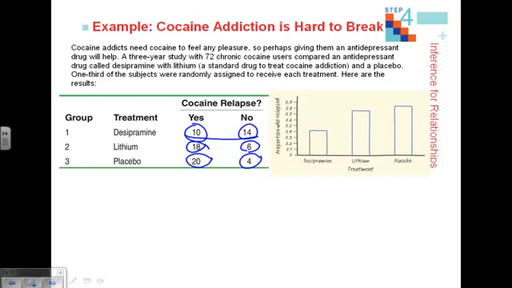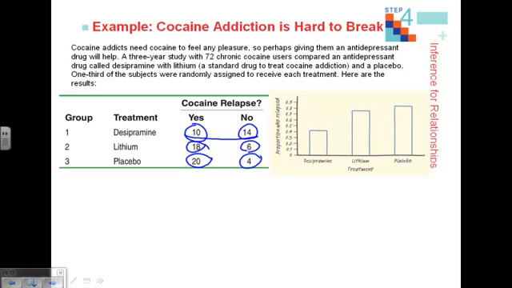There's our null hypothesis. All those proportions, the same. What's our alternate hypothesis? At least one of them is different. And the chi-square will give us a significant result if any one of them is different than the other two. All right.